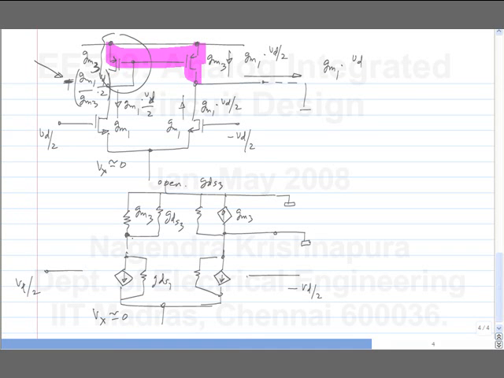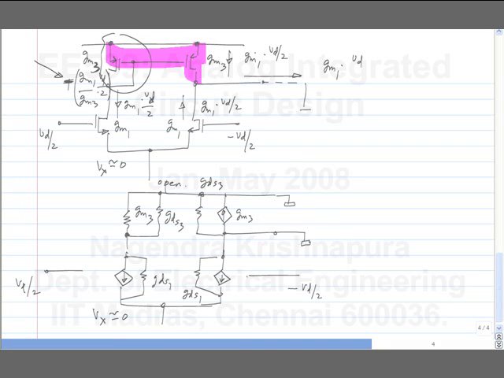So what's the result now? What is the current through this conductance? 0. The Vx is 0 and the output is also at 0. So it is approximately 0.